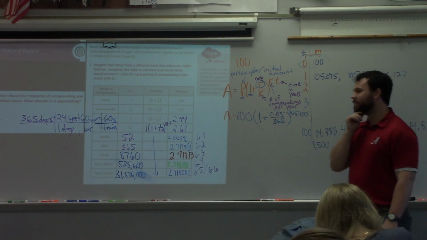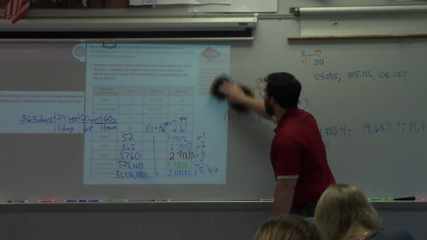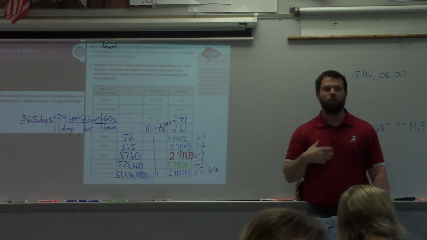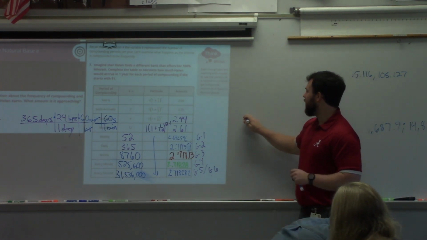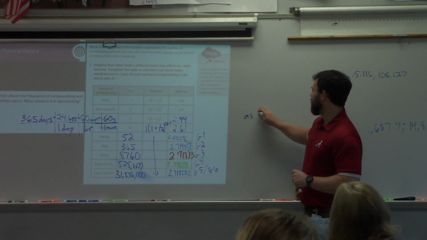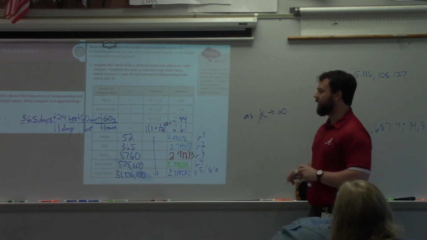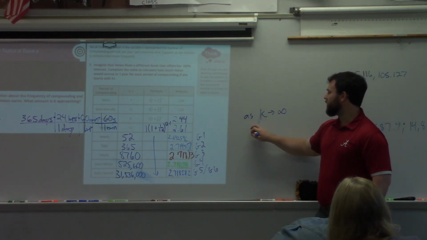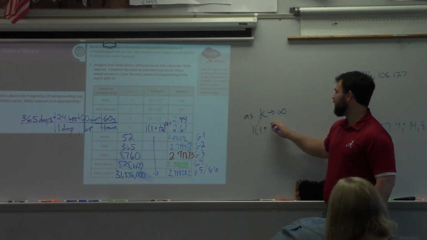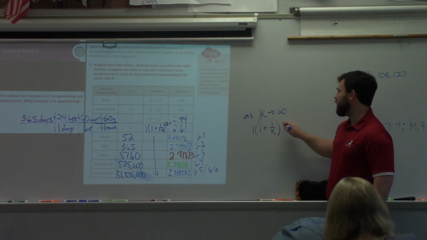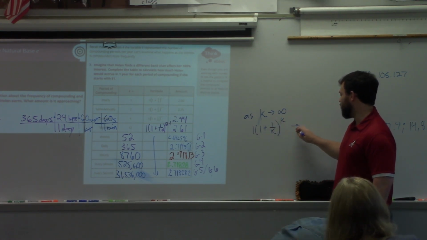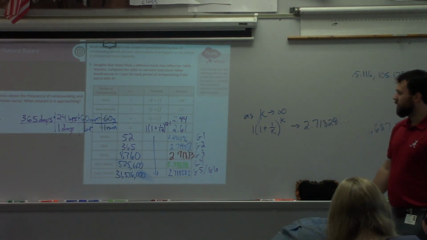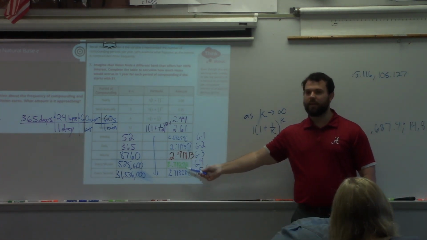Euler found that if you continue to invest more and more frequently, specifically as k approaches infinity, this expression, 1 plus 1 divided by k, raised to the k, approaches 2.71828.